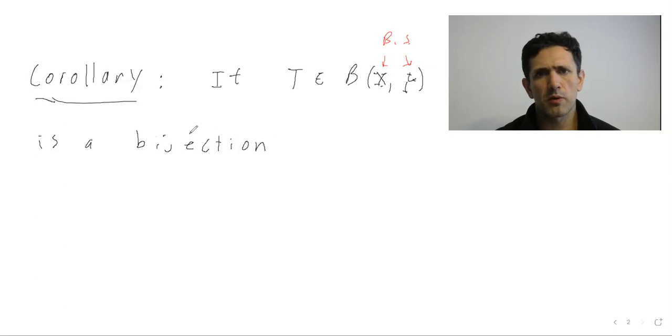Well, we know, or should be able to prove very easily, that the inverse map is linear, so that's not in doubt. What might be in doubt is whether or not the inverse is bounded. A priori, there's no reason to think it would be bounded. Well, this open mapping theorem essentially says that the inverse map from Y to X is actually a bounded linear map from Y to X.